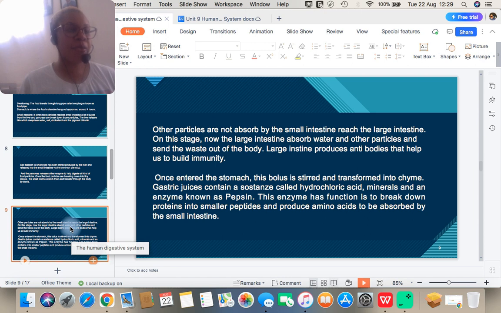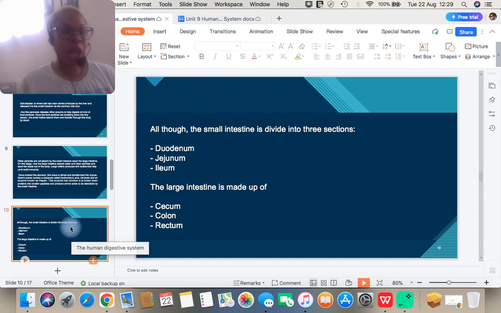This enzyme's function is to break down proteins into smaller peptides and produce amino acids to be absorbed by the small intestine. The small intestine is divided into three sections: the duodenum, jejunum, and ileum. The large intestine is made up of the cecum, colon, and rectum.